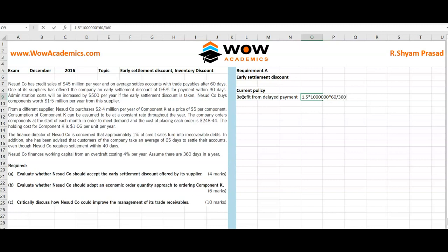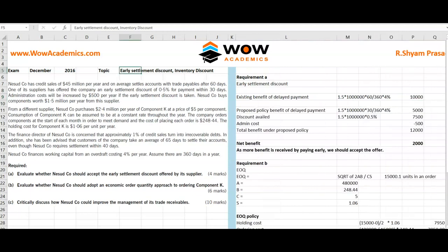So when you do this, you will get the payables total amount. The benefit of delaying is 4%. So we'll have 4 divided by 100. So this will give you an answer. So that comes to 10,000.